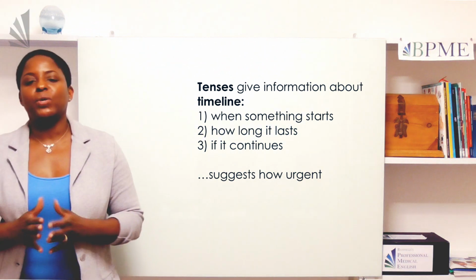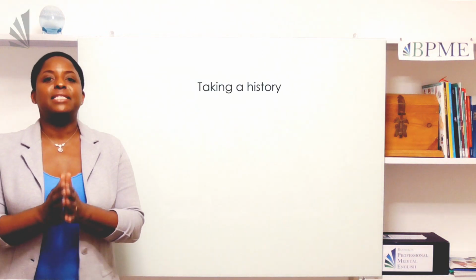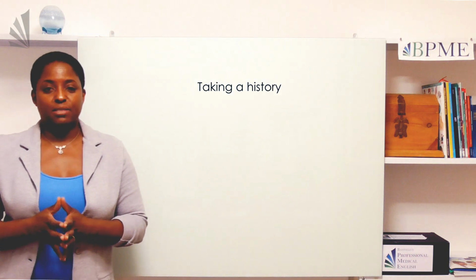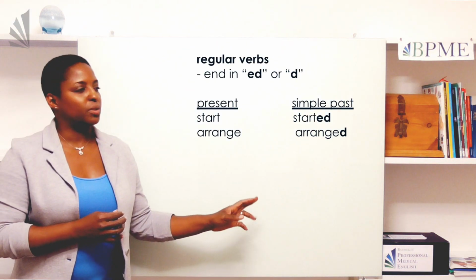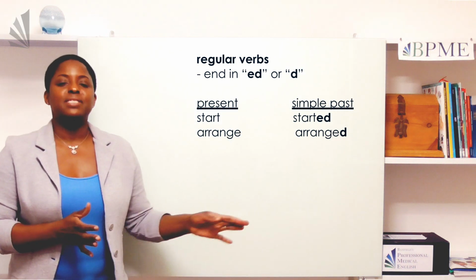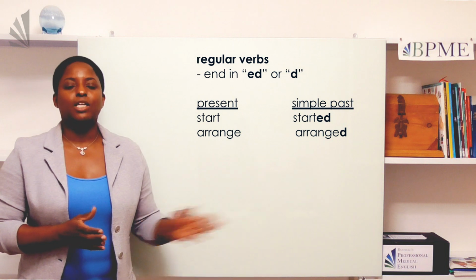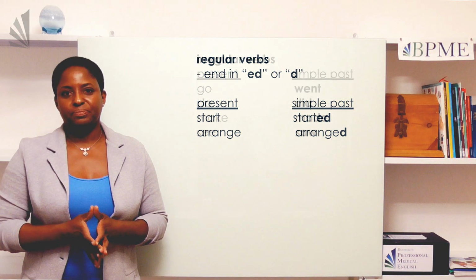In this video, we are going to look at the simple past in taking a history. Now, all verbs in English have a simple past tense. For most verbs, which are regular, it is simple: ed or d at the end. Verbs like start, started, or arrange, arranged.